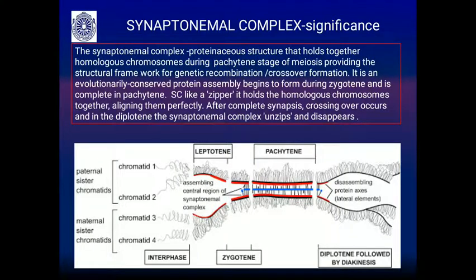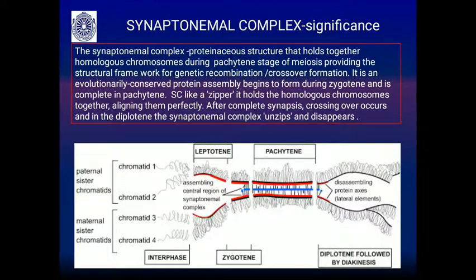What is the significance of the synaptonemal complex? It is a proteinaceous structure that holds the homologous chromosomes during the pachytene stage of meiosis, providing a structural framework for genetic recombination.